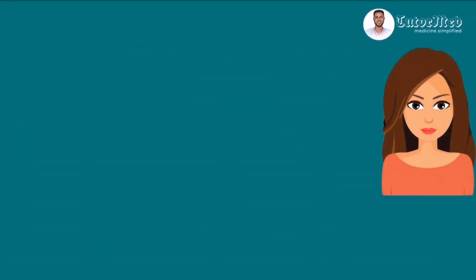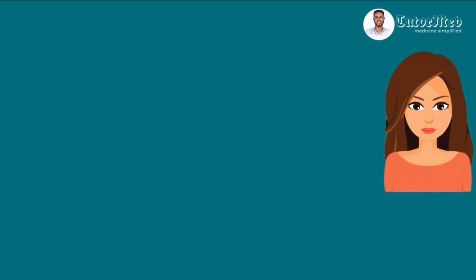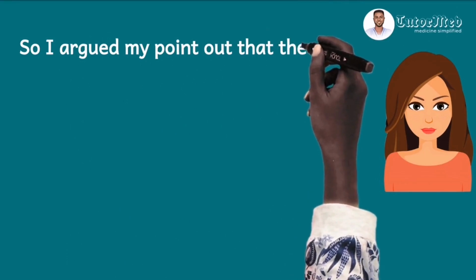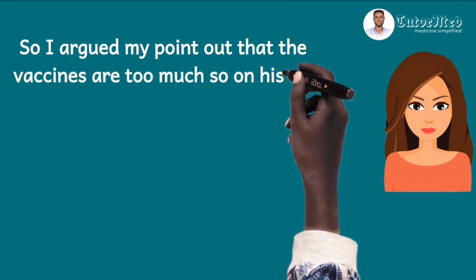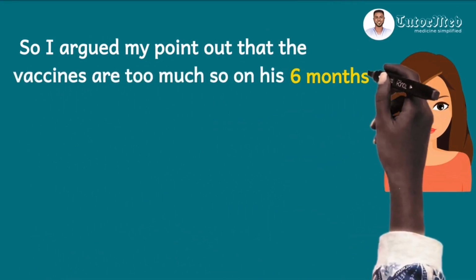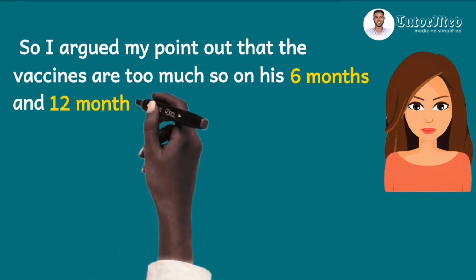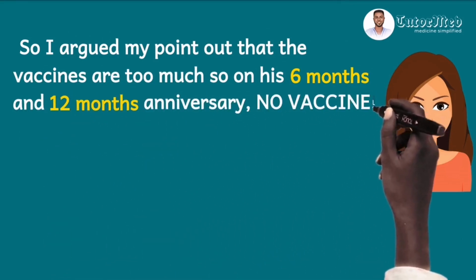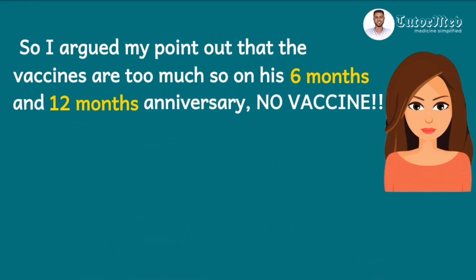Good. So she continues her narrative. She says, "So I argued my point out that the vaccines are too much for my child, and so on her 6 months and 12 months anniversary, please, no vaccines." It means she would not allow her child to be given any vaccines. So she continues the narrative.